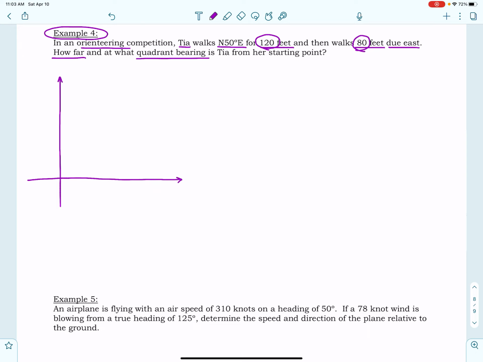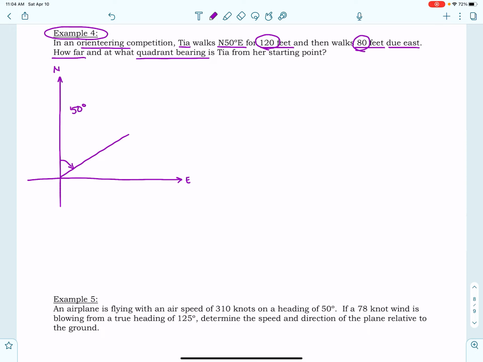All right, so we are told that Tia walks north 50 degrees east. So I'm just going to draw this right here. Okay, it probably doesn't need to be that outrageously long. So I'm going to measure 50 degrees in this direction. Okay, so that is north 50 degrees east.